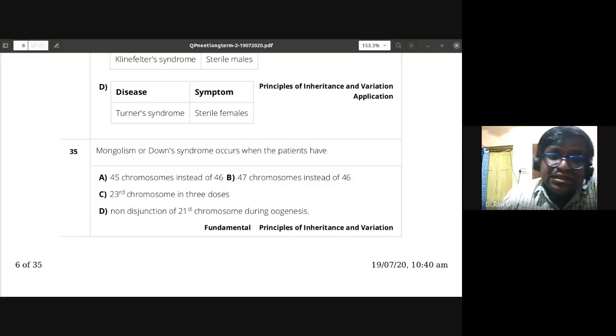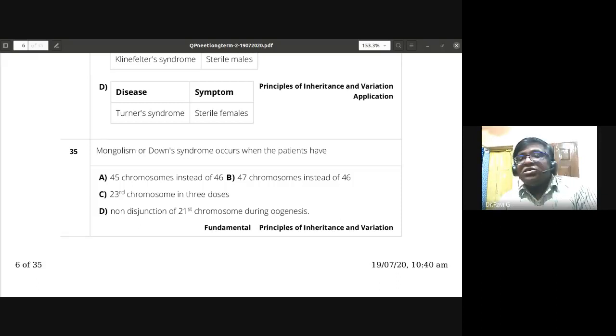So non-disjunction is during the formation of egg cell, the 21st chromosome doesn't get separated during meiosis, and that particular chromosome, two of them will be retained in the ovum or egg cell. So non-disjunction of 21st chromosome during oogenesis results in Mongolism or Down syndrome. Okay.